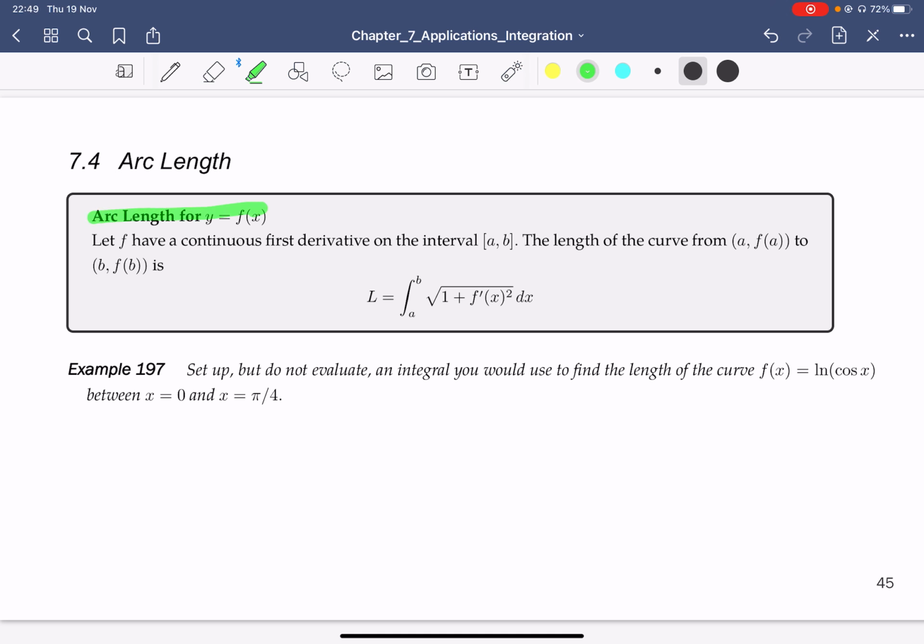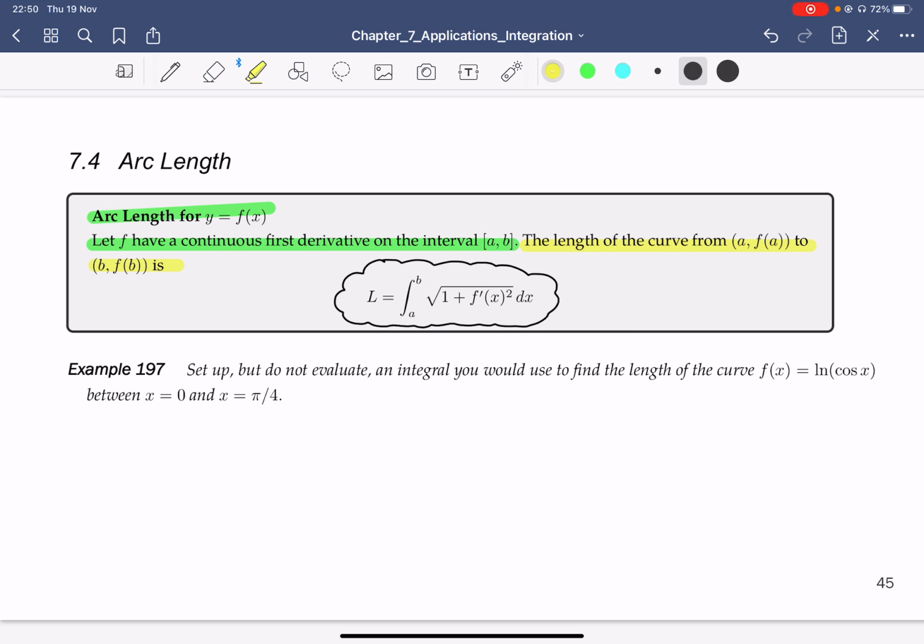So arc length: if you have a continuous function and the first derivative is defined on the interval [a, b], then the length of the curve from a to b is given by this formula: L equals the integral from a to b of the square root of 1 plus f prime of x squared, dx.